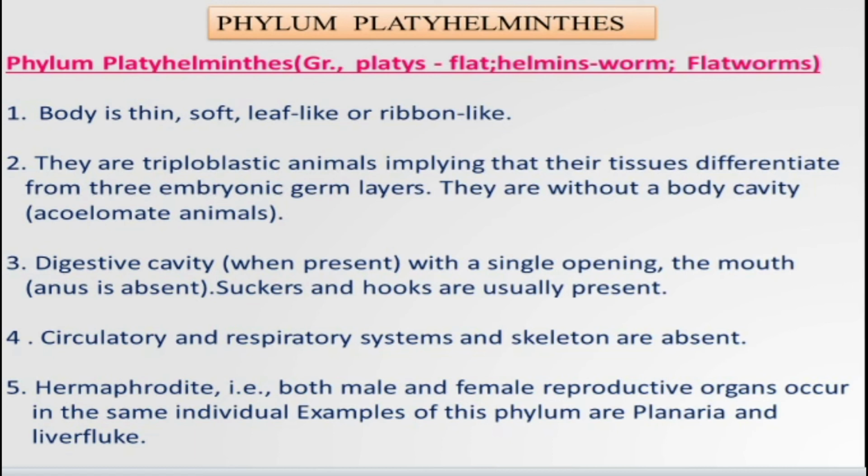Hermaphrodite: both male and female reproductive organs occur in the same individual. We commonly know this as bisexual. Take the example of hibiscus: the flower has both male and female parts in a single flower.